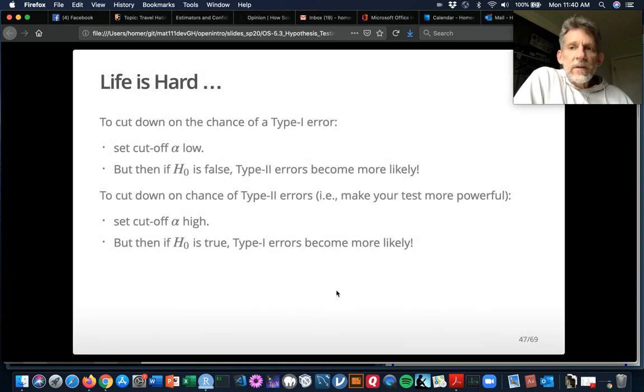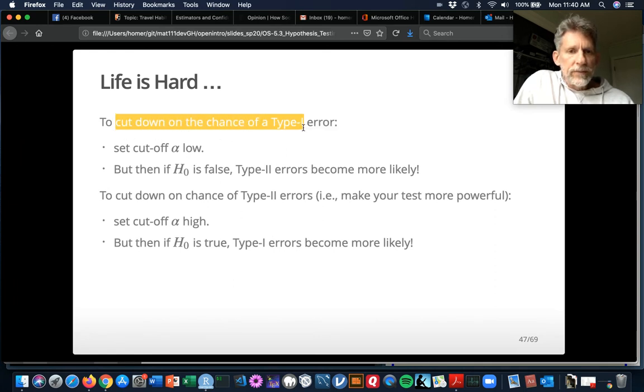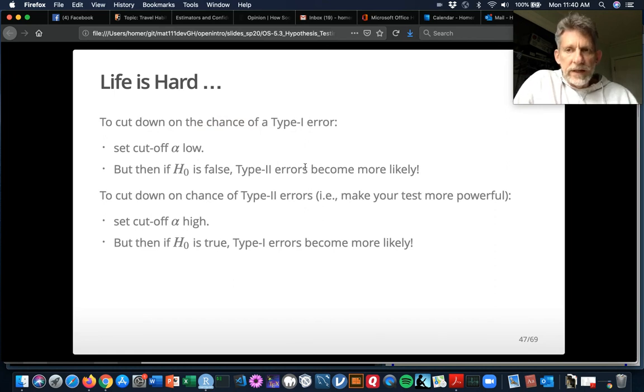Now, it would be nice if we never made errors, never made type 1 errors, never made type 2 errors. That would be wonderful. But how do you cut down on the chance of making those errors? If you want to cut down on the chance of a type 1 error, where you're rejecting a null hypothesis that was true all along, then you could do that by setting your cutoff value alpha really low.